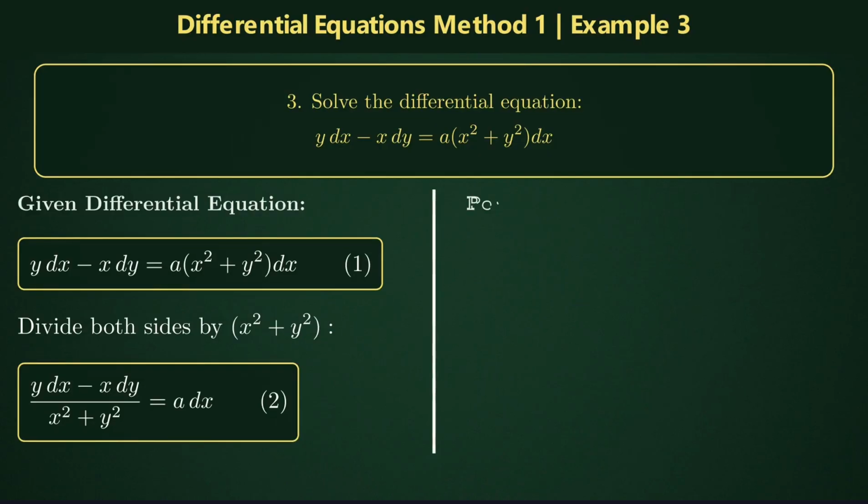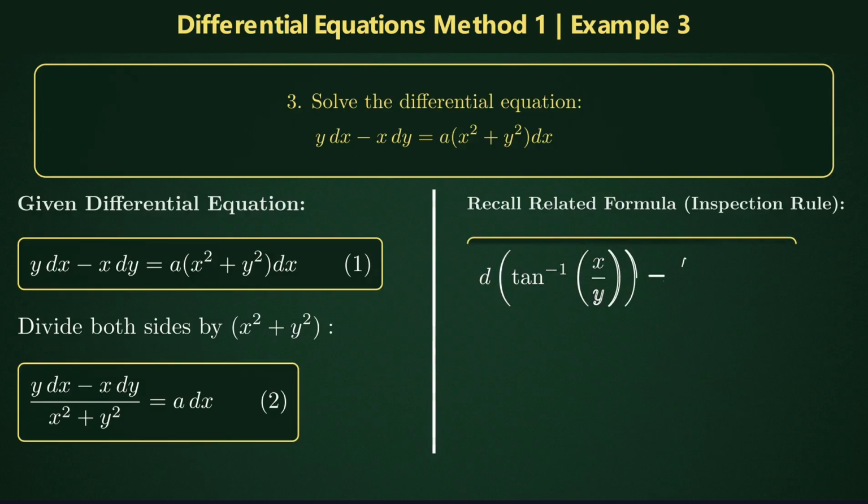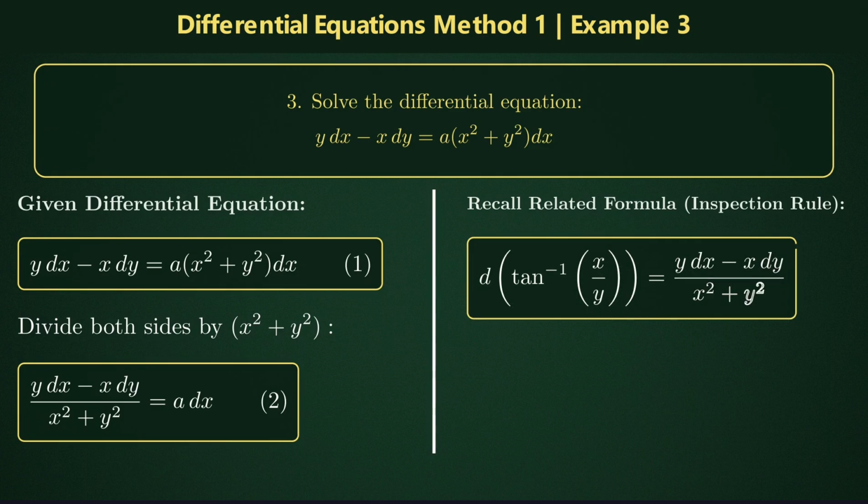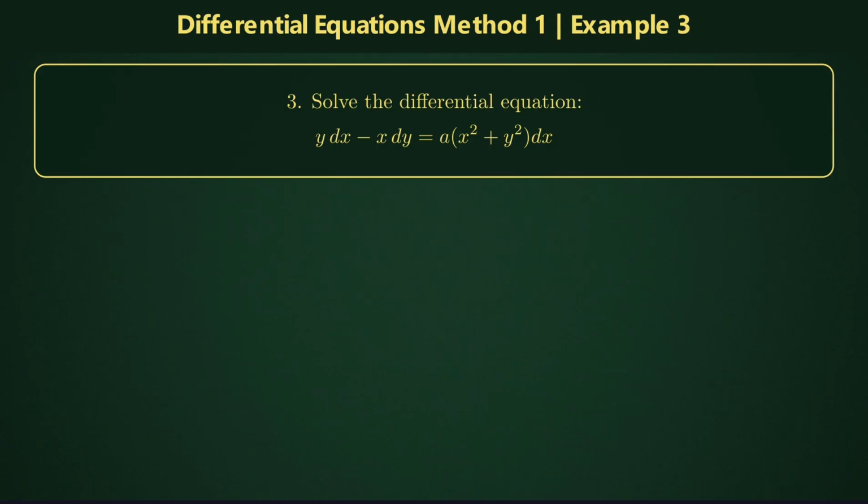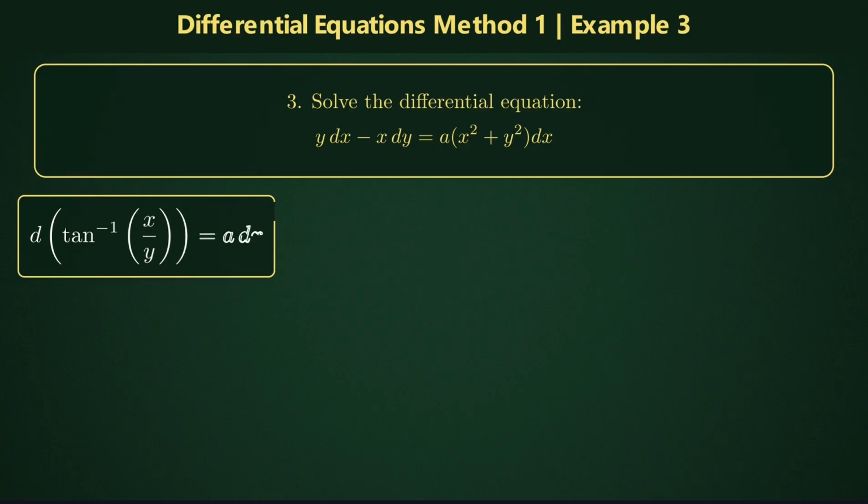Let's recall the relevant differential formula for this fraction. The differential of inverse tangent of x over y is equal to y dx minus x dy, over x squared plus y squared. Now we substitute this differential into equation 2. This simplifies the equation to the differential of inverse tangent of x over y equals a dx.